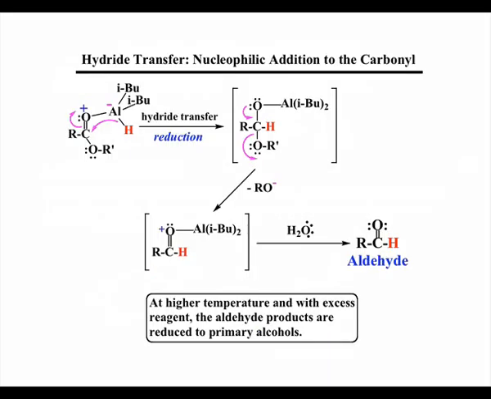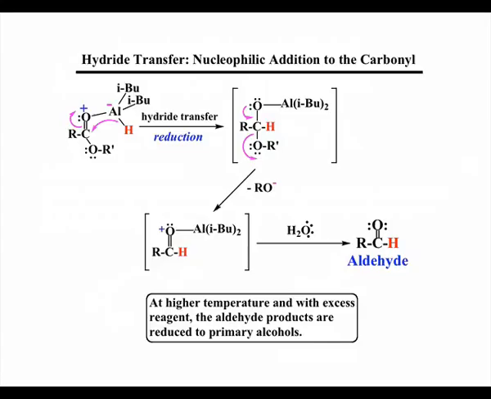So what happens, like I said, you form the Lewis acid-Lewis base complex at low temperature. That hydride then transfers, and you end up with this type of intermediate, which then can lose the alkoxide as a leaving group, and you end up with the aldehyde at low temperature. And since this step is fairly slow, all of your diisobutyl aluminum hydride has been consumed.